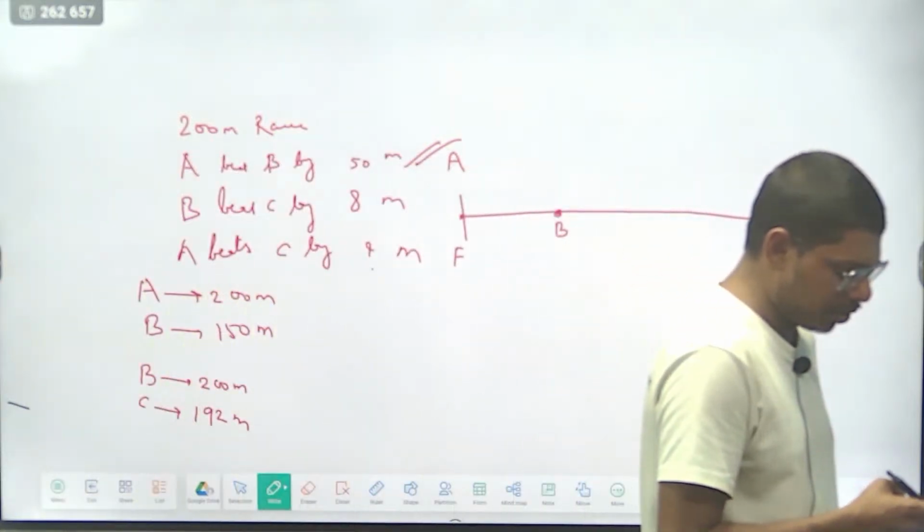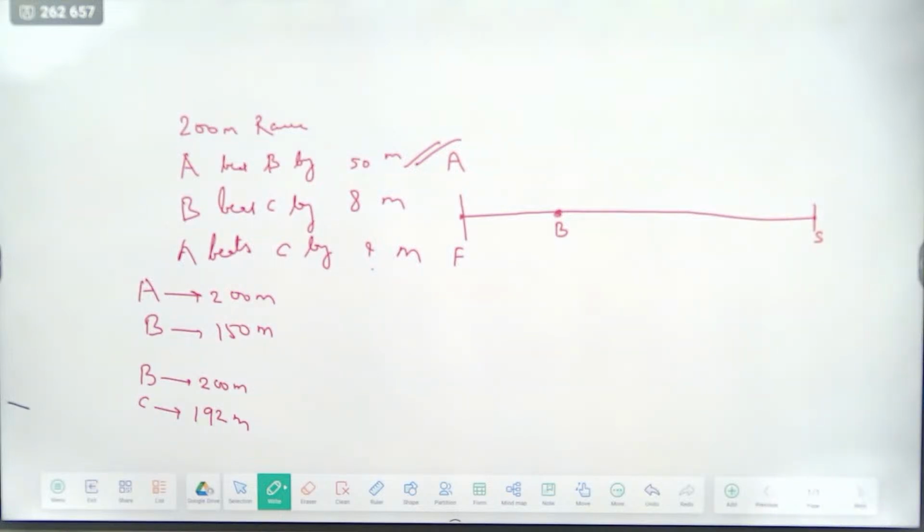This is the last question for the day. Think about it and answer. 58. That's right. How did you solve it? 200 minus 142.